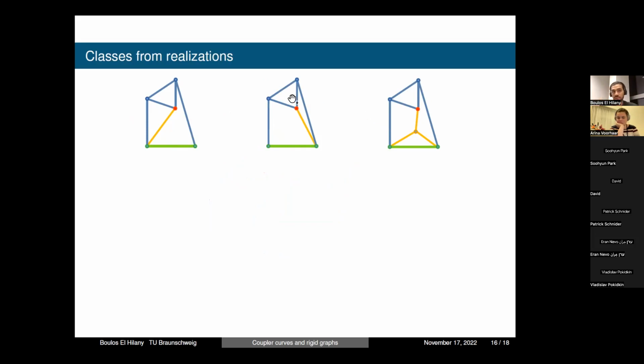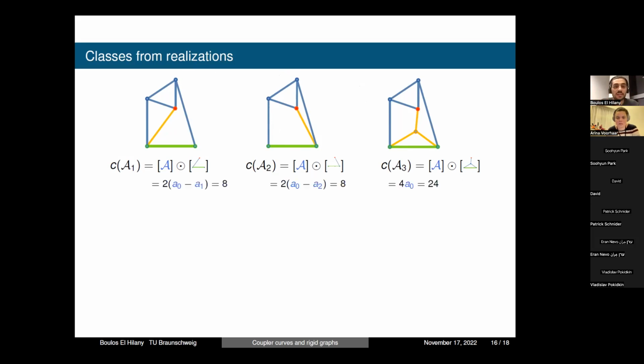And this minimal rigid graph in each of those cases has its own number of realizations. So the number of realizations of this whole graph is A times the class of this graph, and similarly here. This is because each of those three forms a splitting pair, and from the theorem that we've shown, for splitting pairs, the number of realizations gives me the classes.